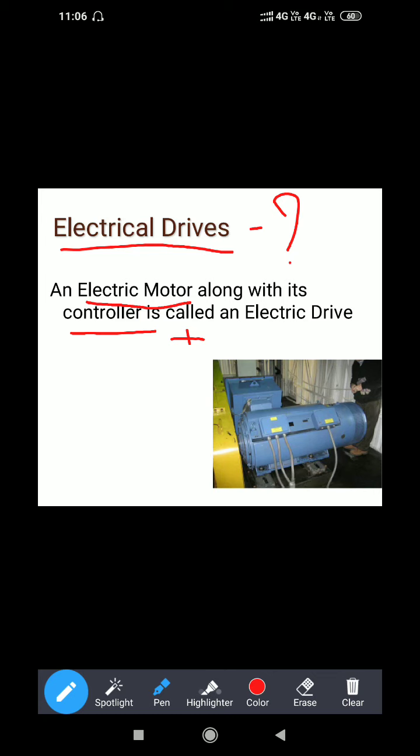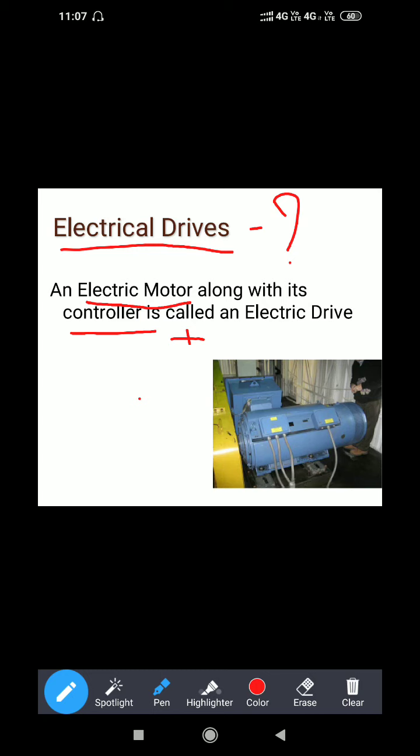Yes, we have several advantages. The electric motor is very quick to start, it has high efficiency, and the speed of an electric motor can be easily controlled. For these reasons, the electric drive is more widely used for many applications.